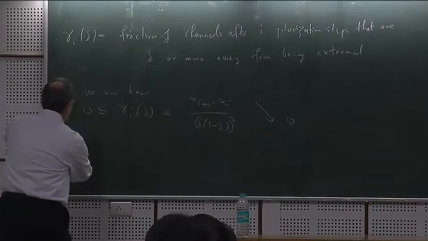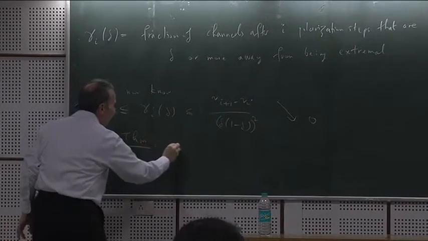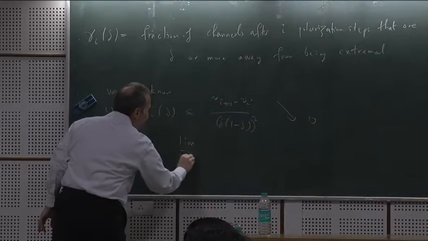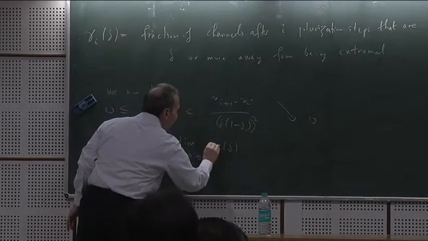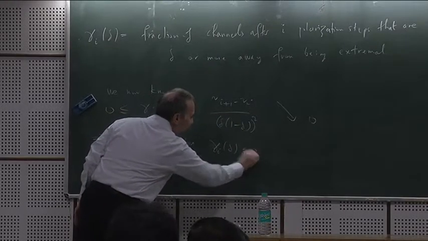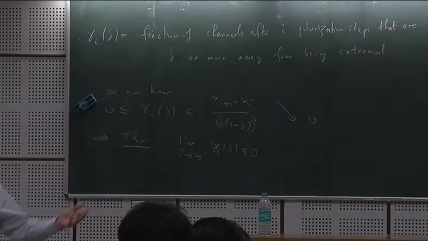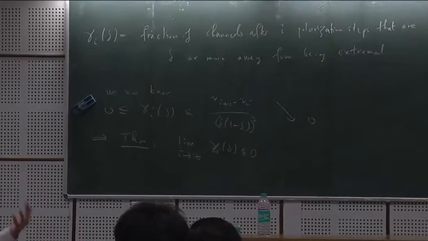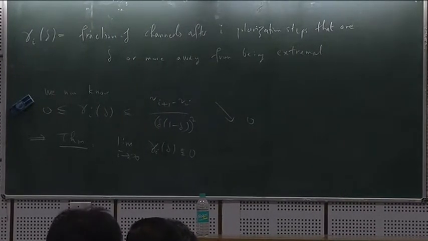Okay, so we have a theorem. The limit as I goes to infinity of gamma I of delta equals 0. No matter what your notion of extremal is, no matter which delta you pick, suppose you pick delta to be 0.0001, okay?